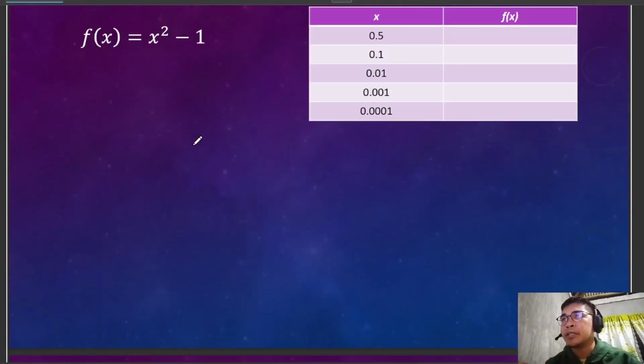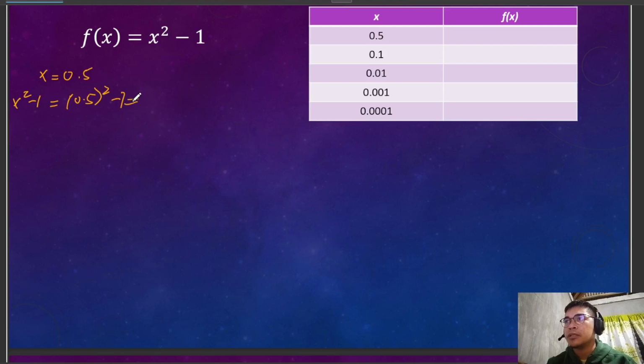Now for greater than 0, x equals 0.5. So x squared minus 1 equals the square of 0.5 minus 1. So 0.5 times 0.5, that is 0.25, minus 1. So that is negative 0.75.